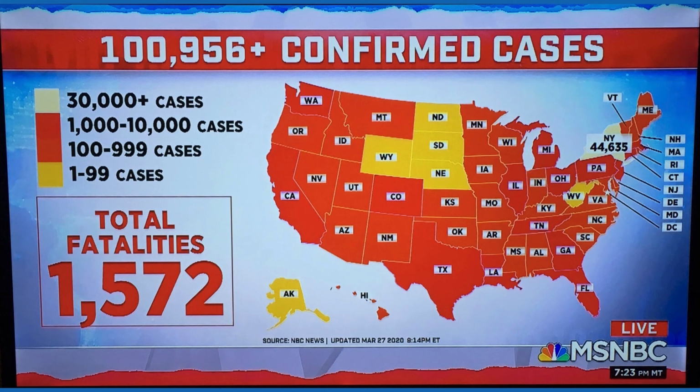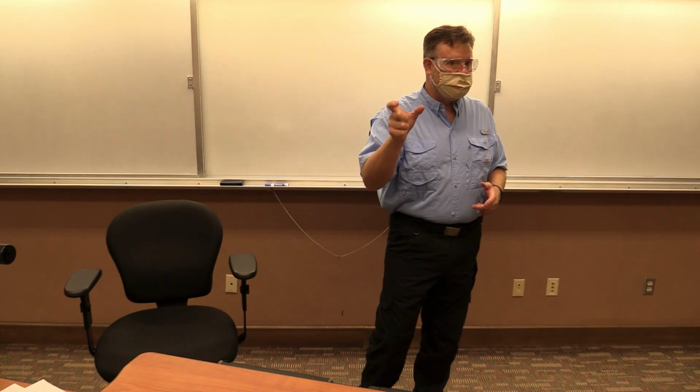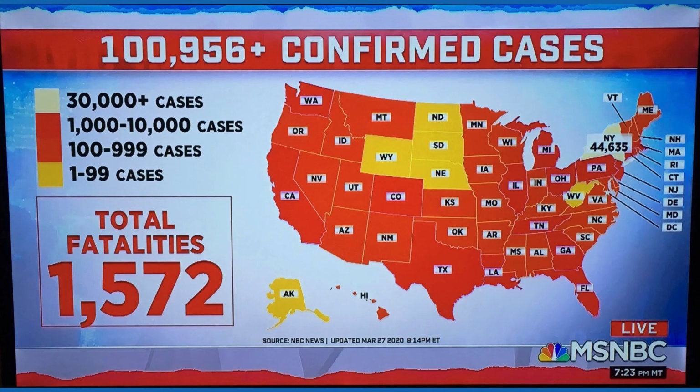Look at the legend that shows you what the colors mean. What is the size, the bandwidth for each of those categories? 1 to 99, so we'll just call that 100. What's the next one? 100 to 999.